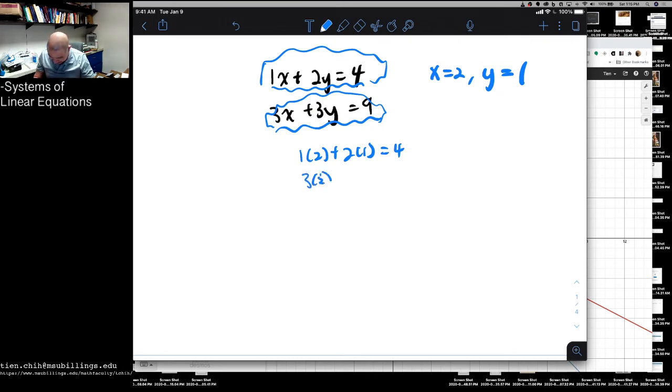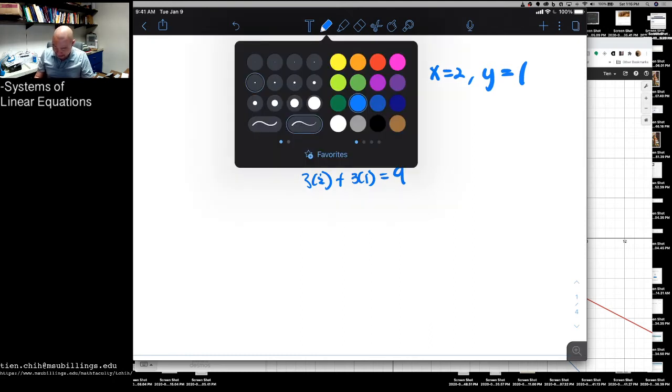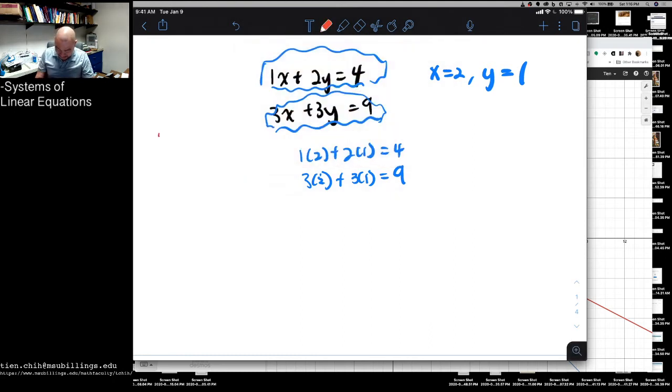And then 3 times 2 plus 3 times 1, that is 6 plus 3, which is in fact 9. So yes, that is a solution. So one of the things that could happen is there could be a unique solution.